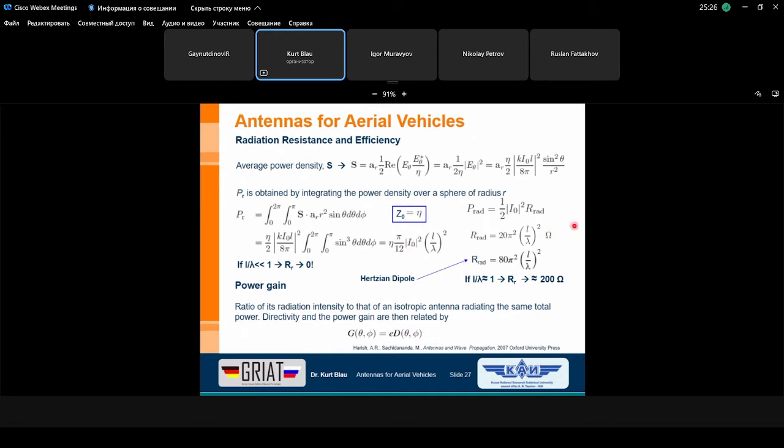In the literature, you can find more or less both values here. Here I only gave an example if the dipole is very long.